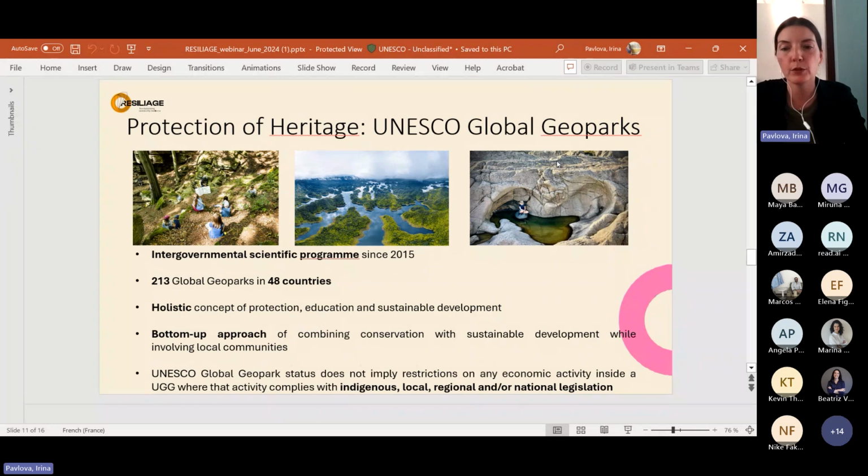To complete the overview, UNESCO holds the Secretariat of UNESCO Global Geoparks. These sites have outstanding geology, but are also based on the concept of a holistic approach for protection, education, and sustainable development.